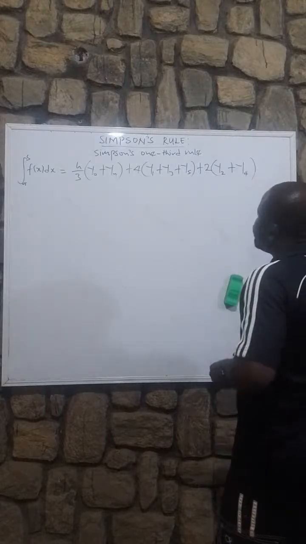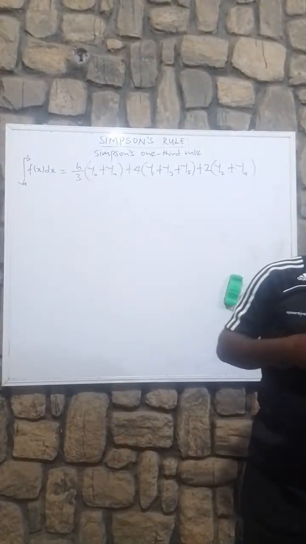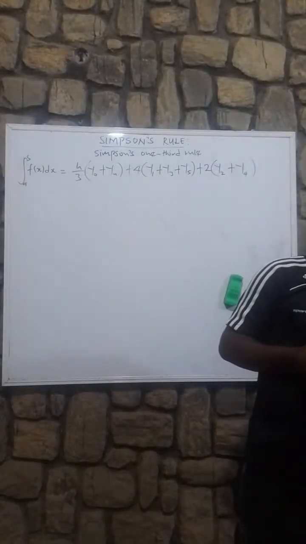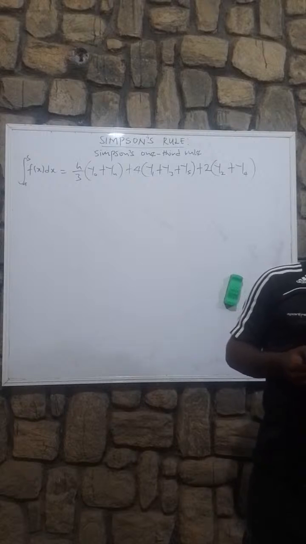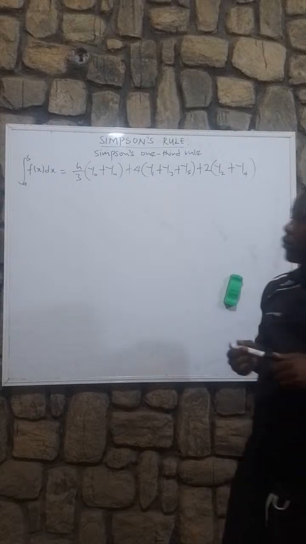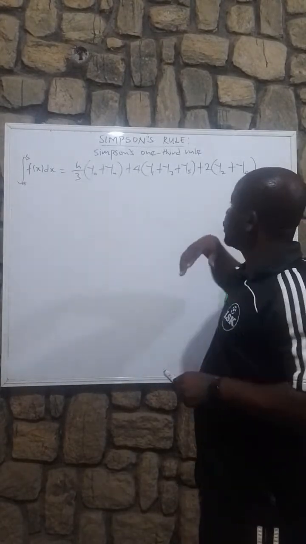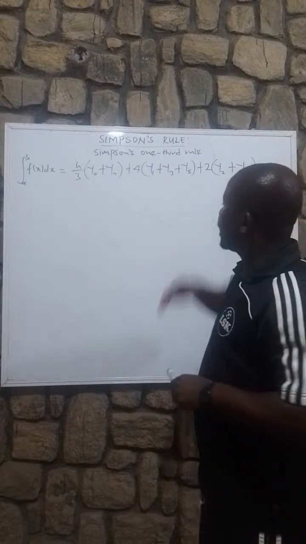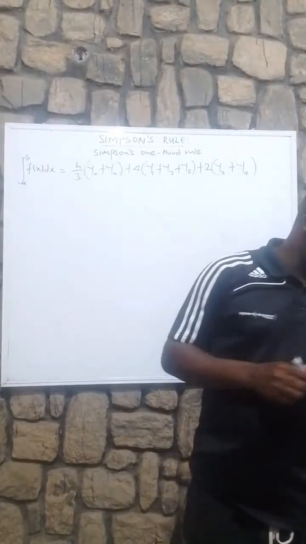So this is Simpson's 1/3 rule. So whenever you are asked to use Simpson's 1/3 rule, this is what you are going to use. Is that clear?